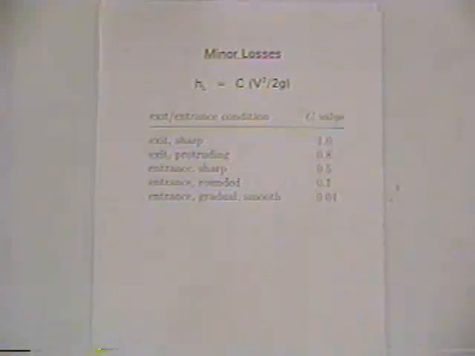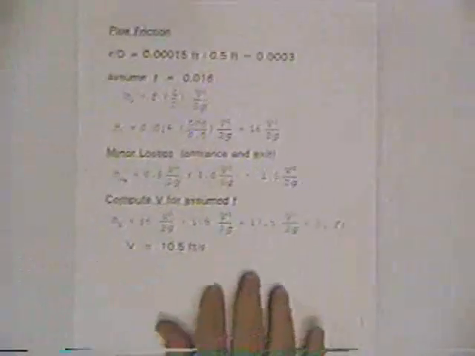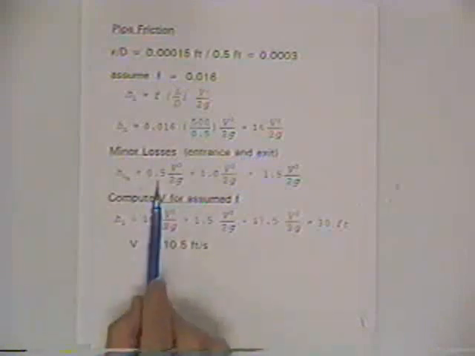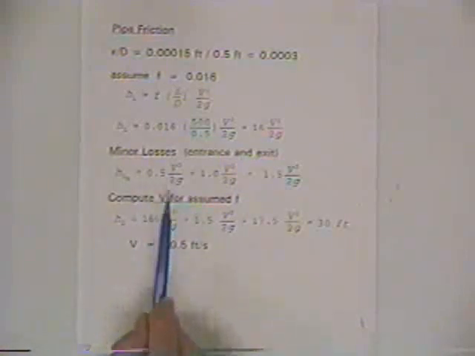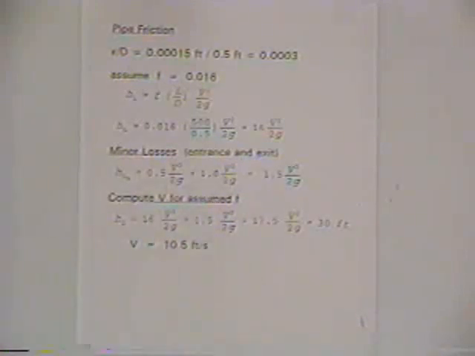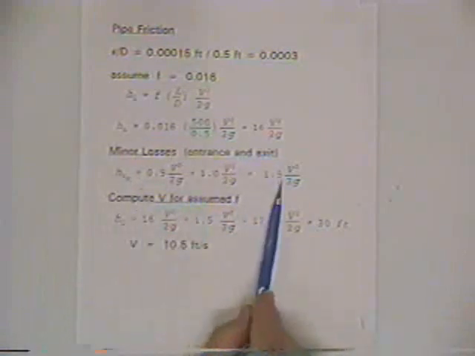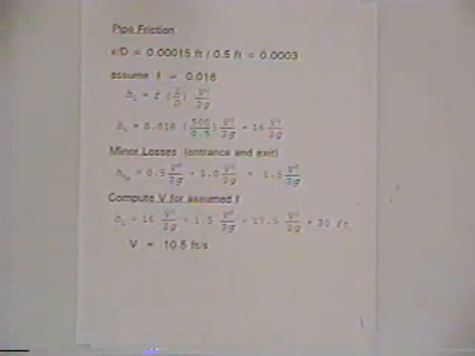Basically, what this is saying, when you exit, whatever velocity you've got in the pipe, you're losing all of it as it dissipates into the static pool of water in the reservoir. And so the entrance loss is 0.5 times velocity head, the exit loss is 1 times velocity head, and so the minor losses are 1.5 times velocity head.